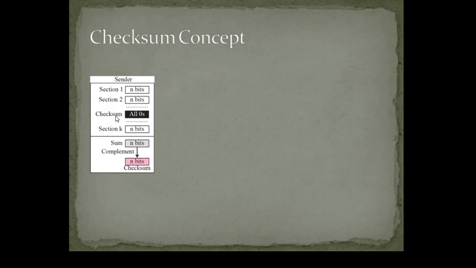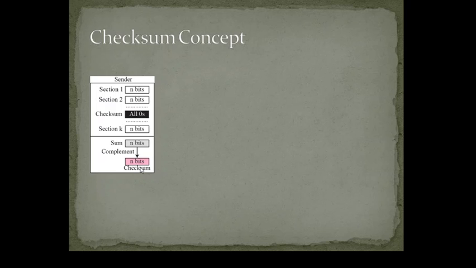We keep the checksum at 0 and add all these values, and then we get some n-bit value. After that, we complement this n-bit value, and we call the result the checksum. So basically, we get the sum of these values and we complement it.